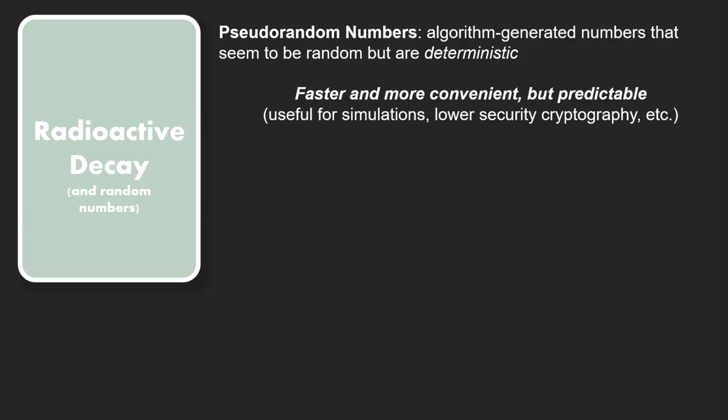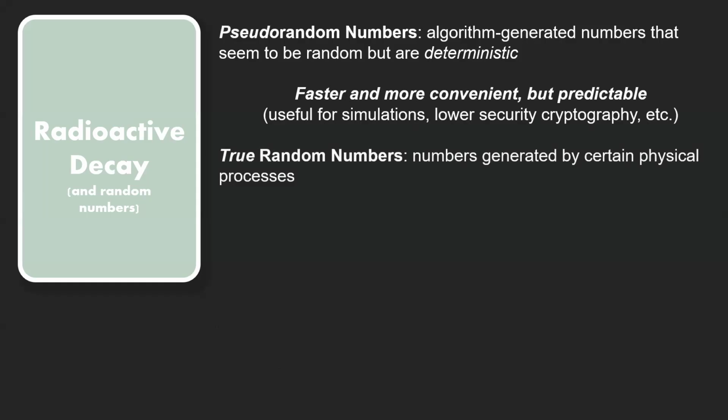And there's another method, which is true random number generators. And true random numbers are numbers that are generated by certain physical events. To give you an example, Cloudflare generates random numbers by arranging a bunch of lava lamps, and then it tracks down where each bubble in each lava lamp is, and it pops out a random number.